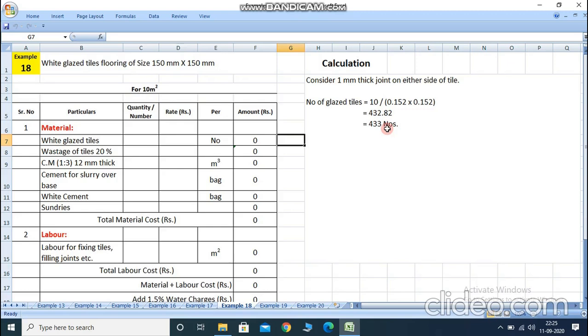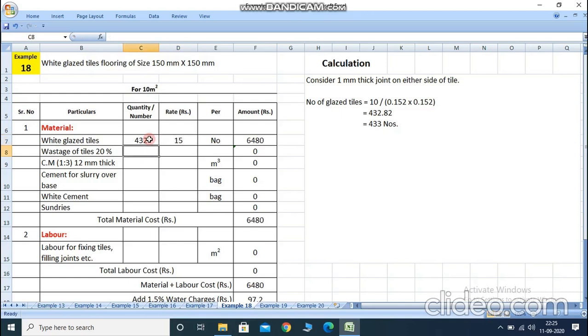Now let's write here the total number of glaze tiles required is 432, and as per the textbook the rate per glaze tile is 15 rupees.